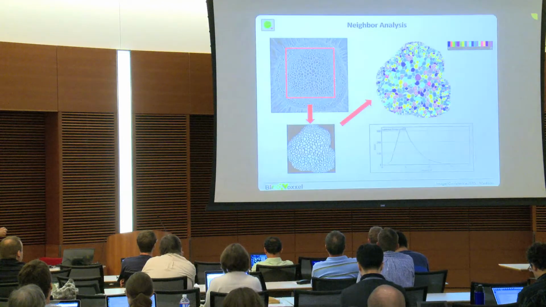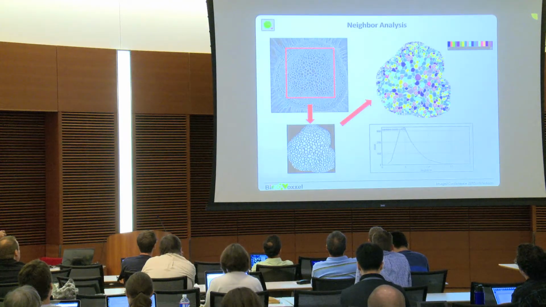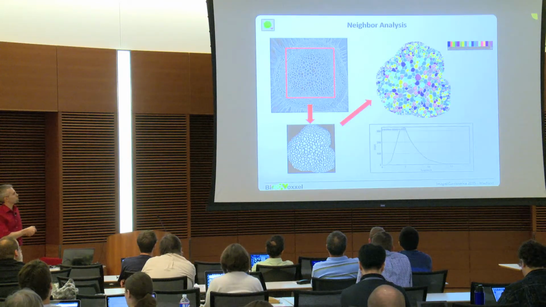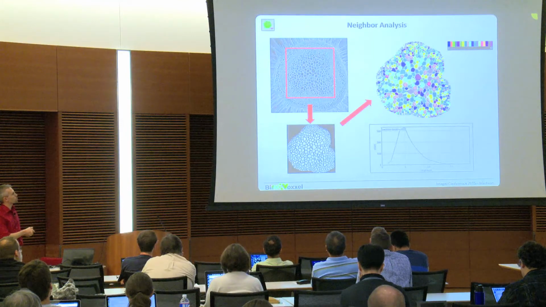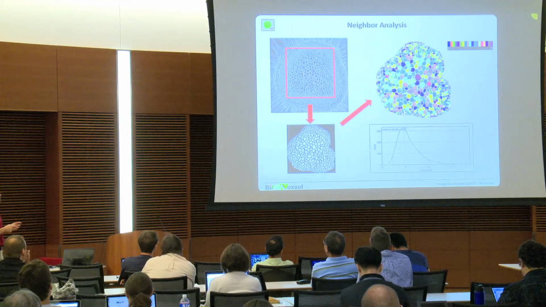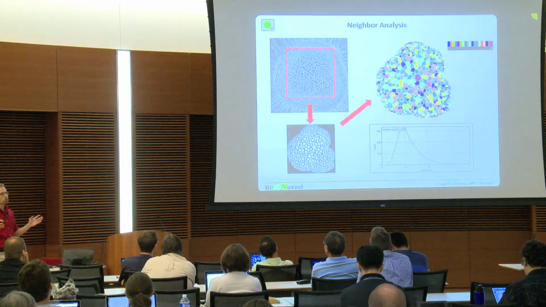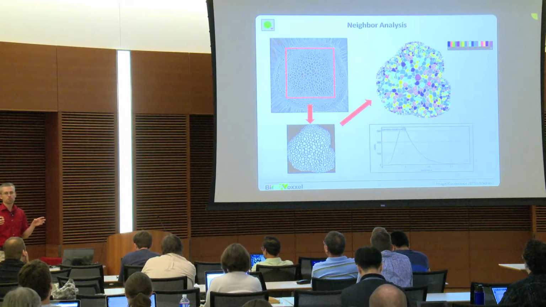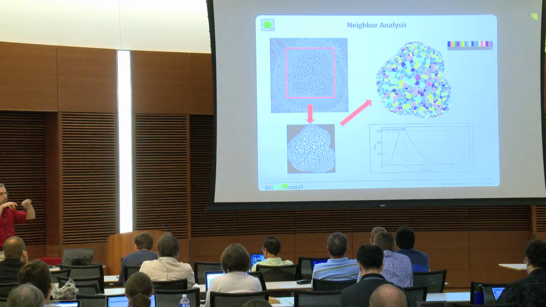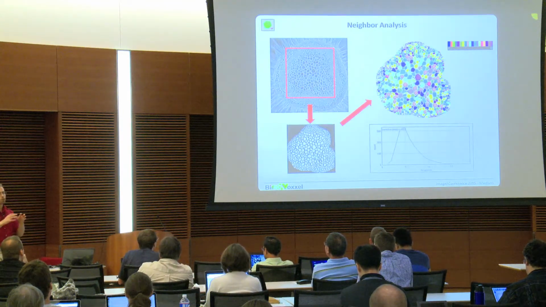Other functions we have here are, for example, the neighbor analysis. This is a little bit similar. You can indicate in a binary image how many neighbors each particle has. There are many different options. You can do that by the neighbors according to the Voronoi diagram, so basically really how many neighbors there are, or you can specify a distance.